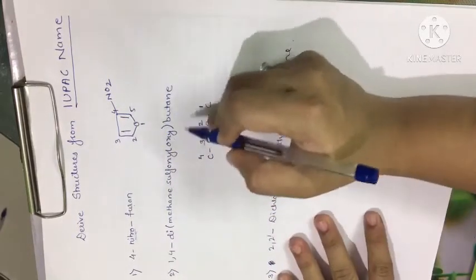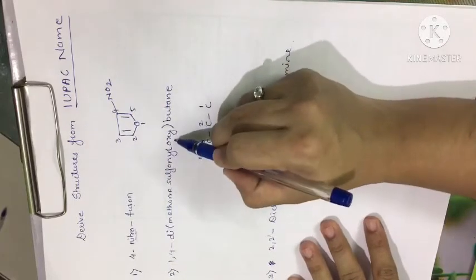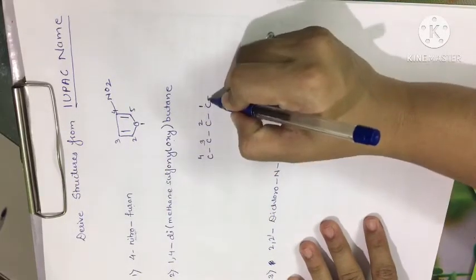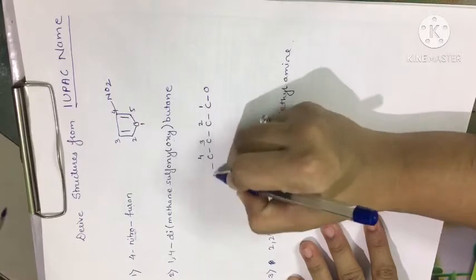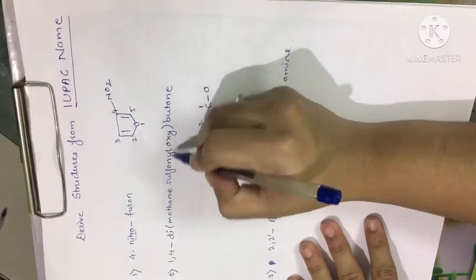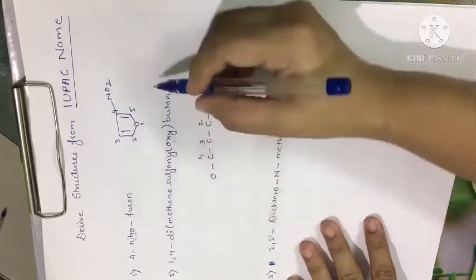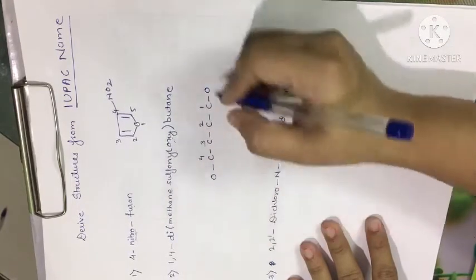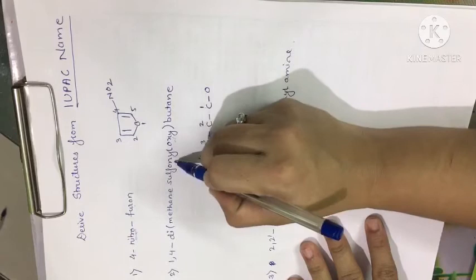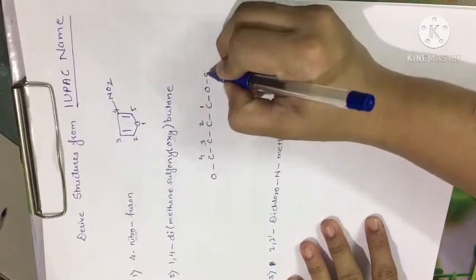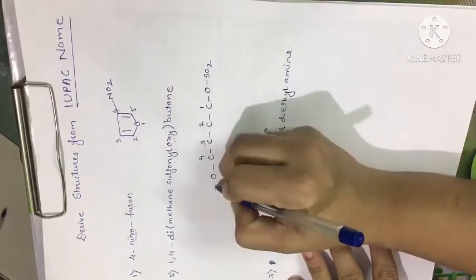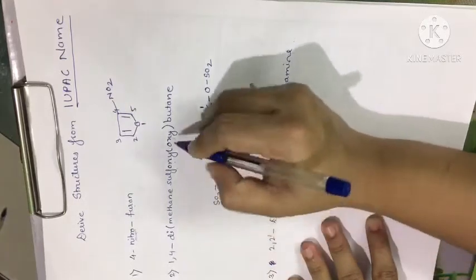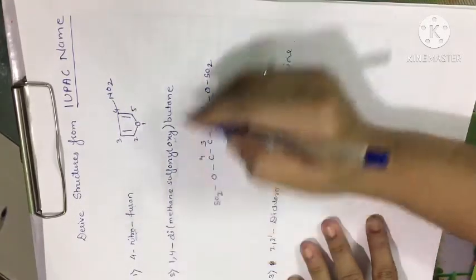So let us derive that. It is oxy. So I will write down oxy at both the ends. Then the oxygen is attached to the sulfonyl. Always look from the back side and write down the substituents in the structure. So oxy is attached to the sulfonyl. So I'll attach sulfonyl to both the sides, and this sulfonyl is attached to the methane.